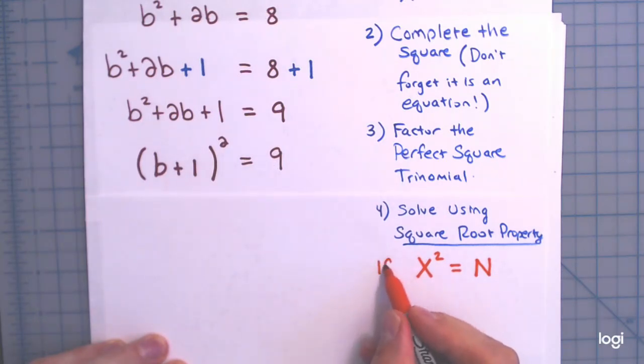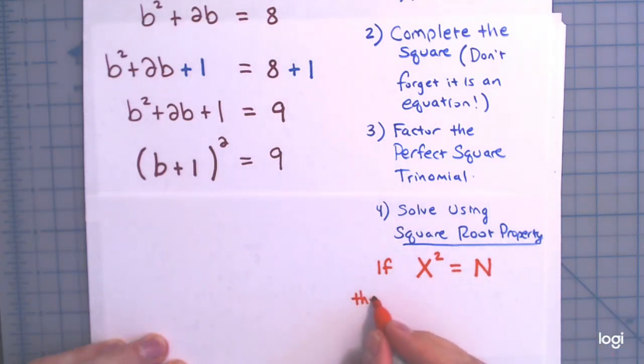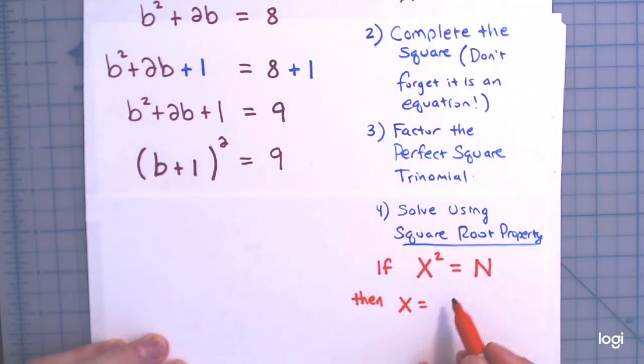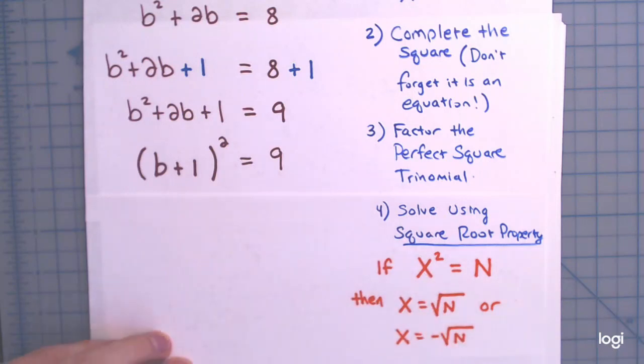So if you have some expression squared equal to a number, then the values this expression can take on, this capital X, could be the principal square root of the number, the non-negative square root, or the negative square root of that number, and it would be a true statement. So that was the square root property. Hopefully that rings a bell from just a few videos ago, if you've been following along.